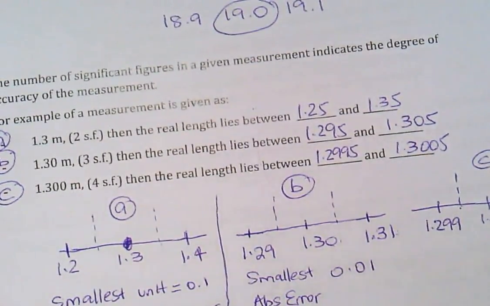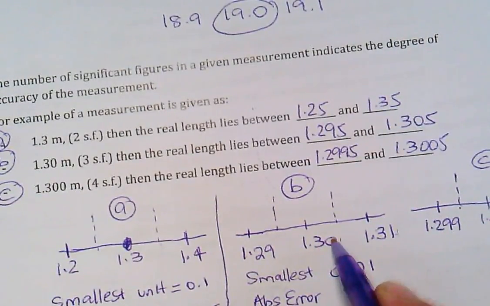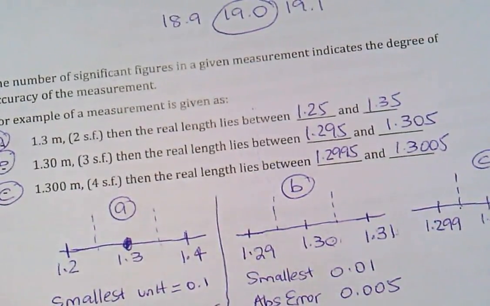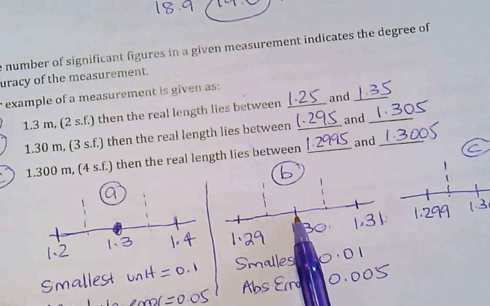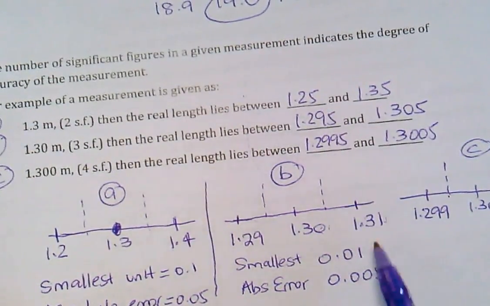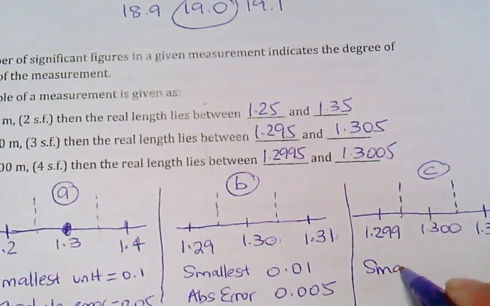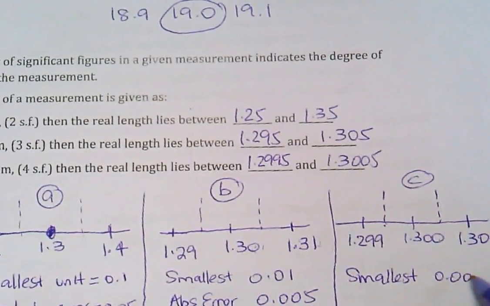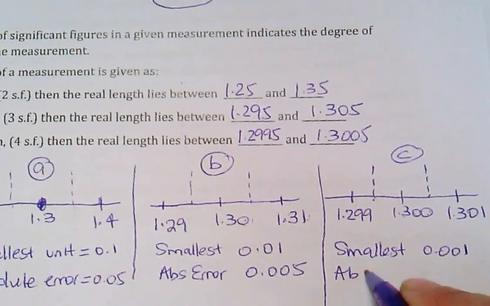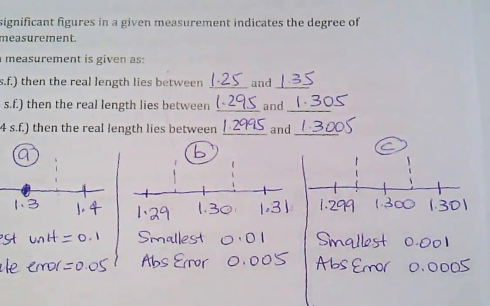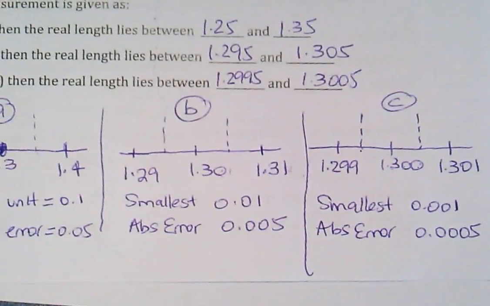The smallest unit is 0.01 to the second decimal place. So the absolute error is half of that, which is 0.005. And what we've been doing is we take that measurement of 1.30 and we subtract 0.005 to get that, and we add 0.005 to get that. And the smallest unit on this last one is what? So 1, 2, 3. It's on the third one. It's 3 decimal places. So the absolute error is half of that, and if you do half of that on your calc, you get 0.0005. Okay?